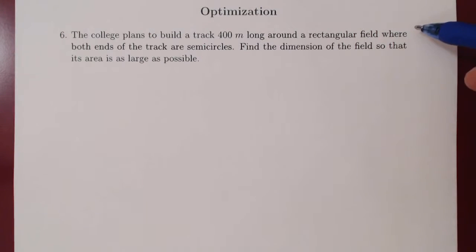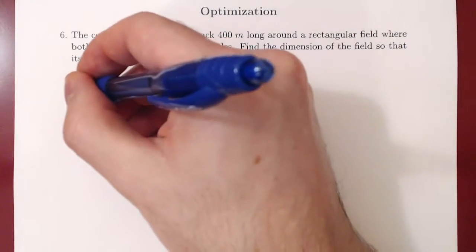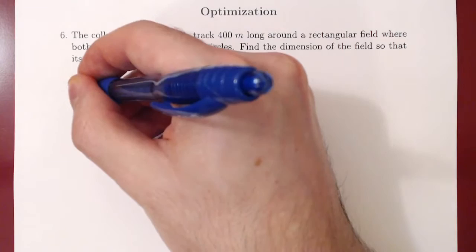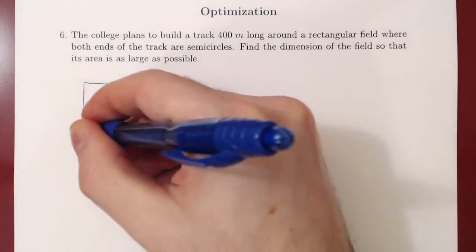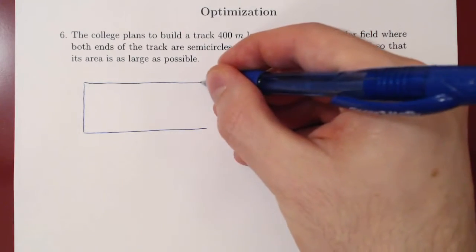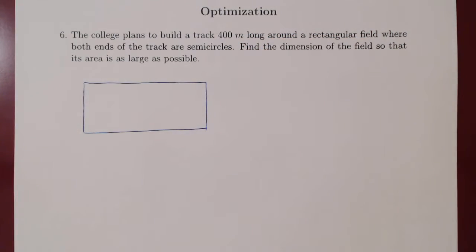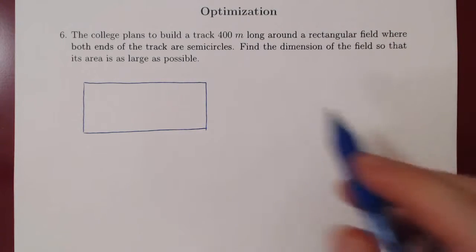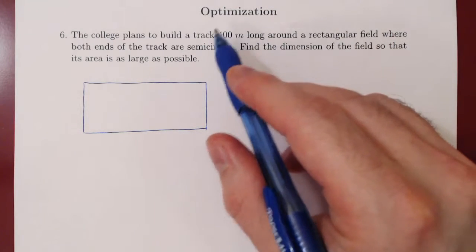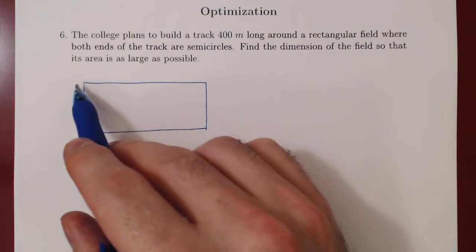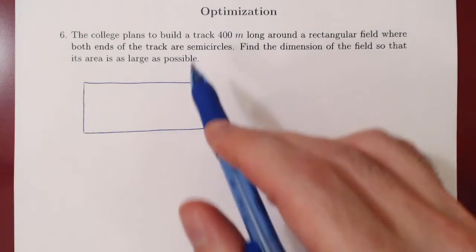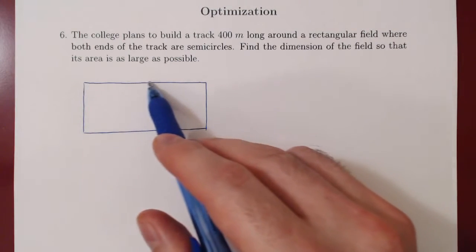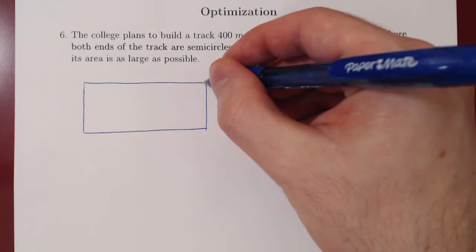So here let's draw a picture of the situation. We have a rectangular field, so you can draw a rectangle. And the college plans to build a track that is 400 meters long around the rectangular field, so the track will go like this. But where both ends of the track are semicircles. When we get here, we have a semicircle.